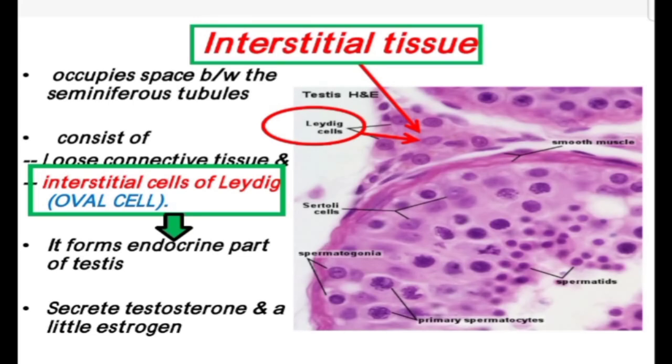The cytoplasm gives a vacuolated appearance after the dissolution of the lipids during the histological procedures. Later microscopic studies revealed that the cytoplasm contains abundant smooth endoplasmic reticulum and a large number of mitochondria with tubular cristae. So interstitial cells secrete the male sex hormone, which is called testosterone.